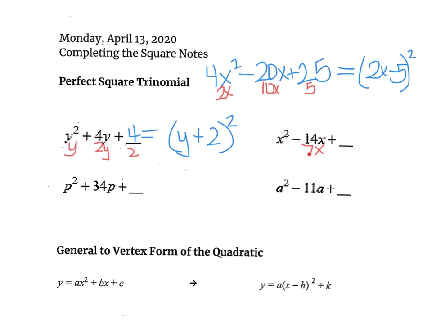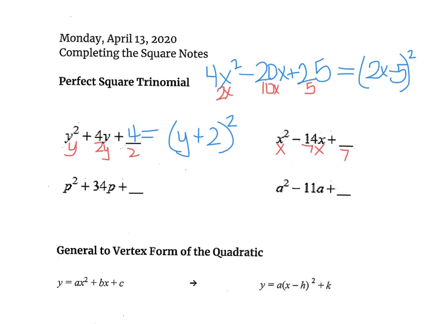Where did 7x come from? It comes from that, which was from an x, and it comes from that, which came from what number? 7, because 7 times x gives you 7x, and 7x doubles to 14x.